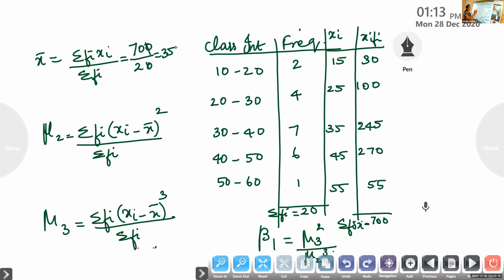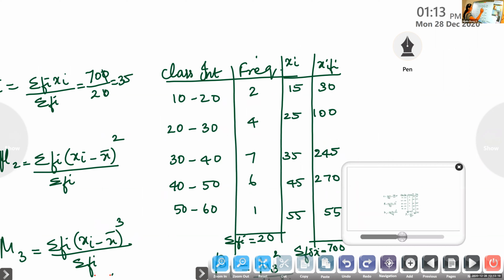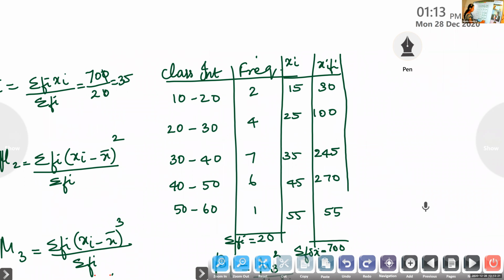Once you find x bar, draw the next columns. The next column is xi minus x bar, the whole square.